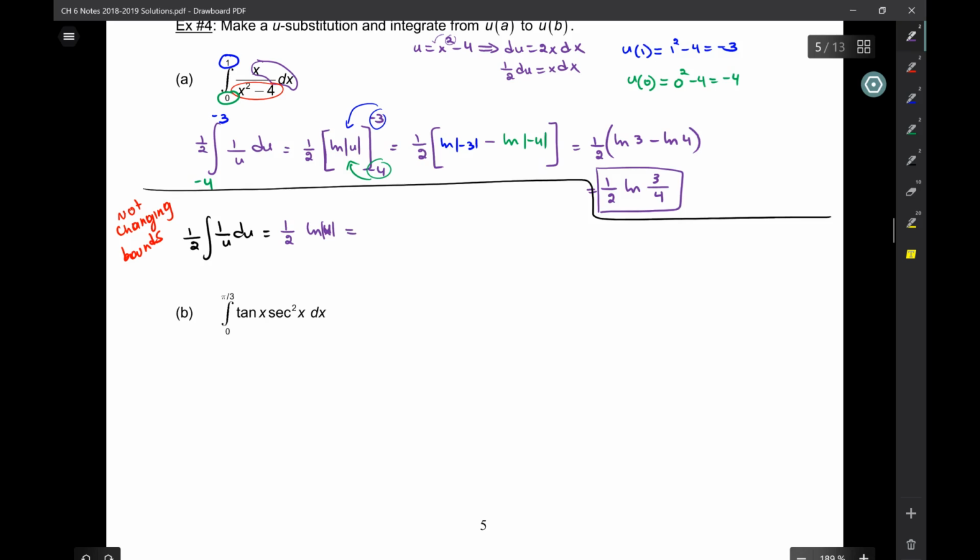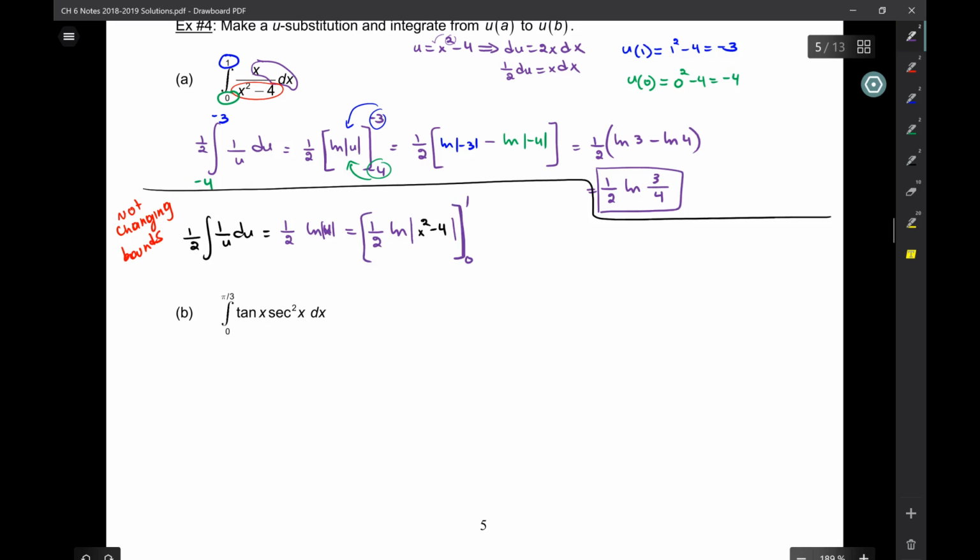And now, if you didn't change the bounds, then at this step, you're going to do 1/2 ln, and what was the u? x squared minus 4. You put that in here now. Okay? And you go from 0 to 1. This whole thing from 0 to 1.